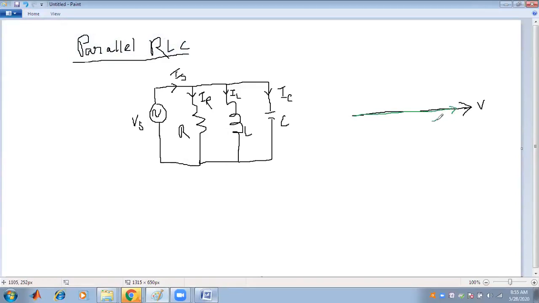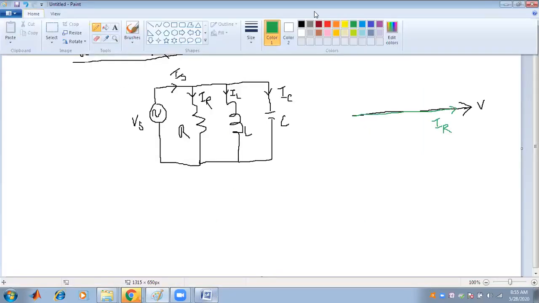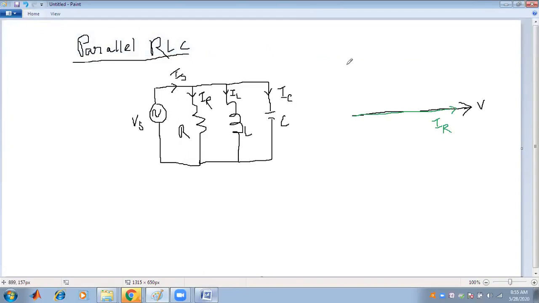As we know, the current through the capacitor leads the voltage by an angle of 90 degrees. The voltage is taken as the reference because the voltage remains constant throughout the parallel connection.